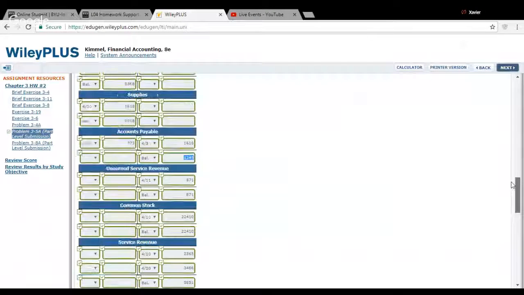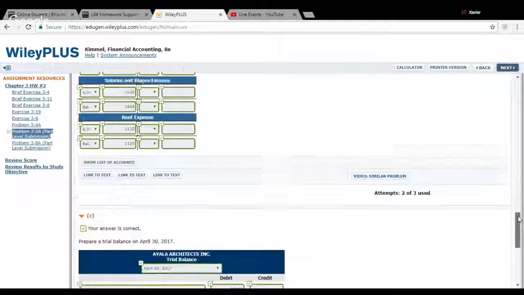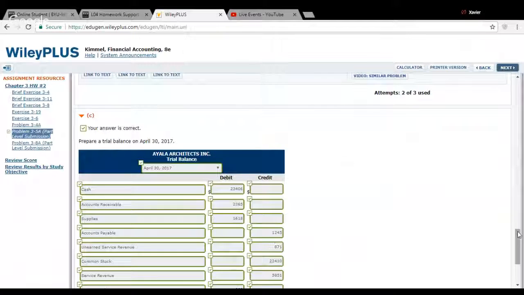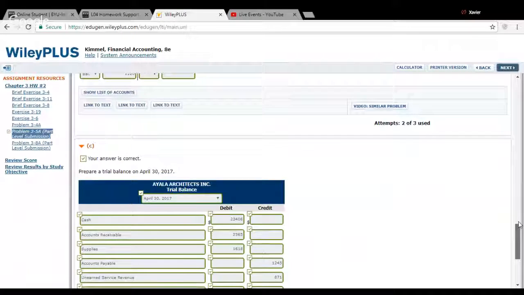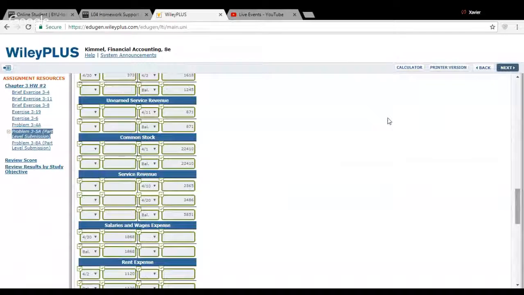I'm sorry, accounts receivable. Did I miss that? Accounts receivable is a debit for the amount of 2365. And supplies is the same thing, a debit for the amount of 1618. And accounts payable is where it was credited for 1246. You see how that goes.